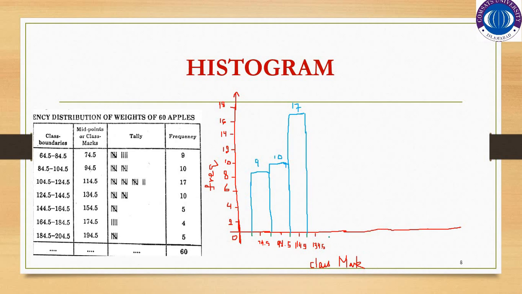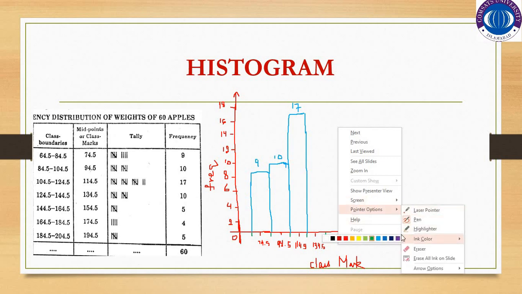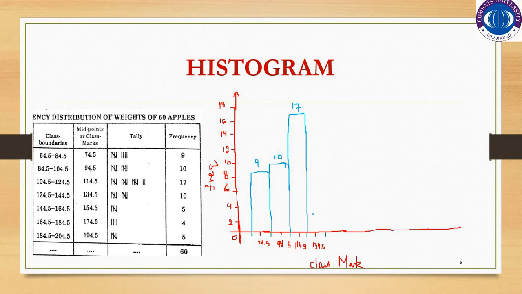So this green line represents the boundary, and the corresponding frequency is 10. As we know, the blue color represents the rectangle, and this would be up to 10.